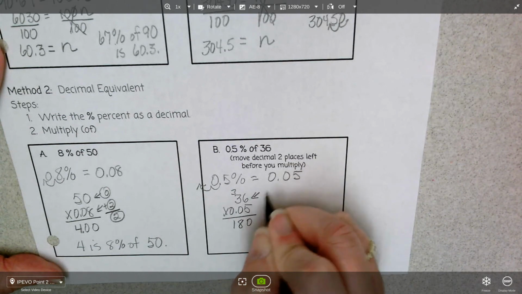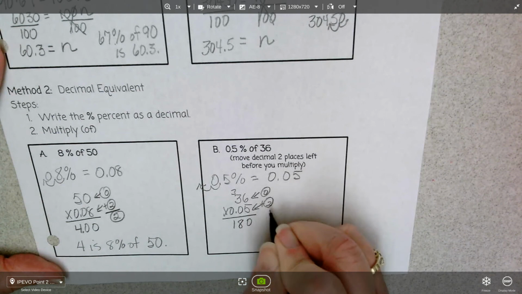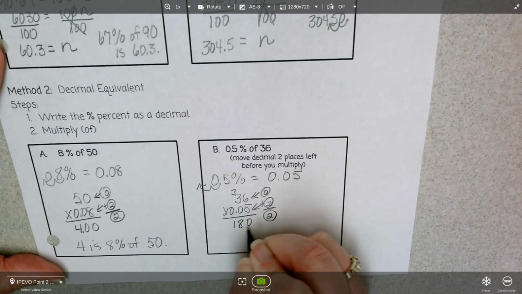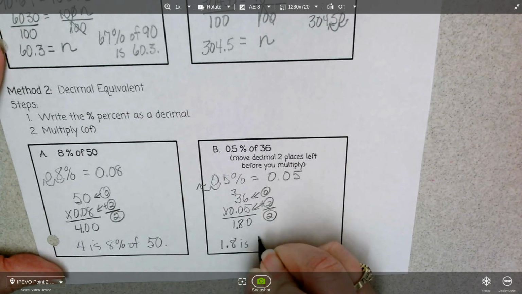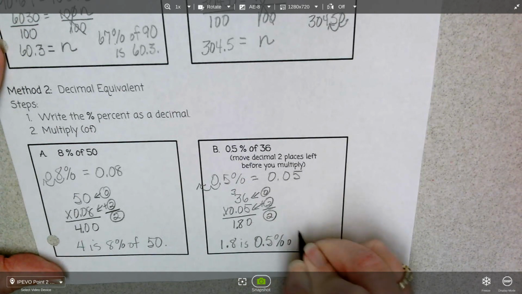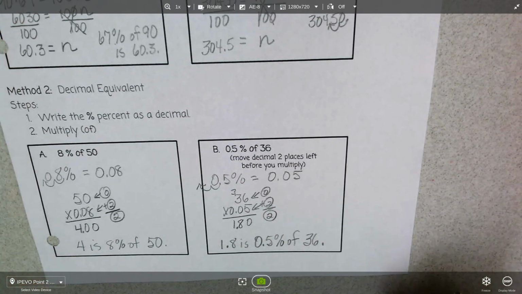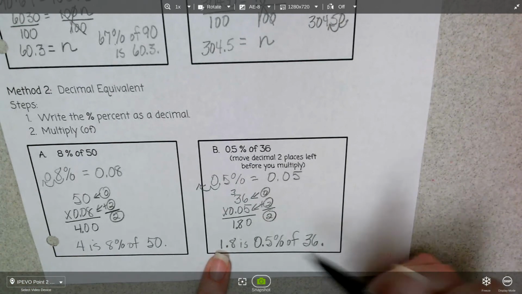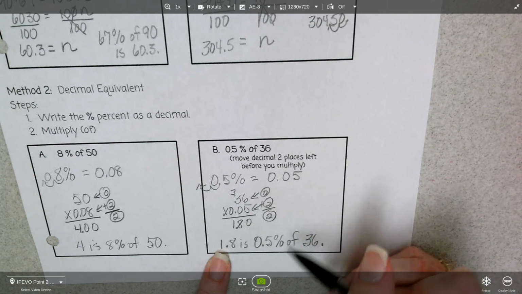No places behind the decimal here, 2 here, so we need 2 in our answer. 1, 2. So we have 1 8/10 is 0.5% of 36. Does that make sense? That's a small number, but look, we're only looking for 0.5%. So yes, that makes sense.